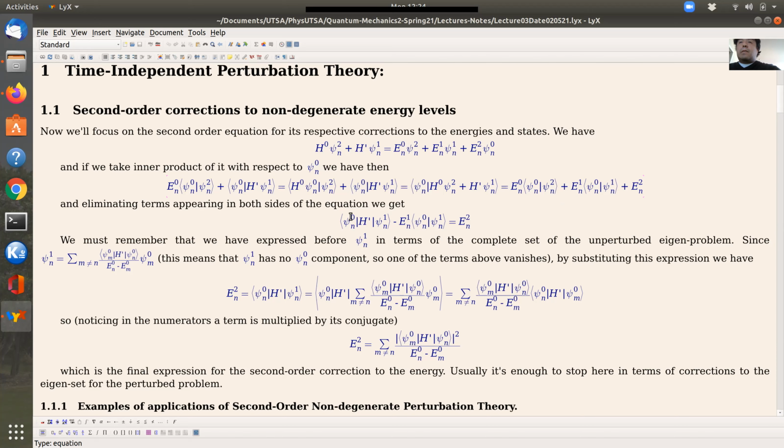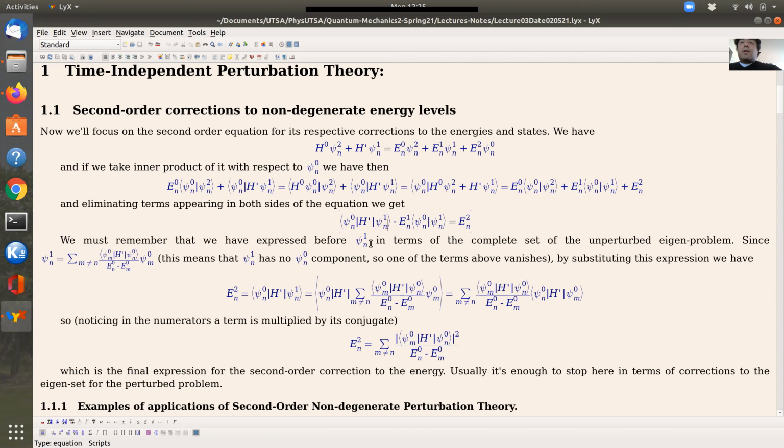I will pass it to the other side, and if I eliminate and pass, I have this. So the second order correction to the energies is basically this matrix element, or actually not exactly a matrix element, because I need to substitute psi 1n for the expression that I have. And then I have minus E1n times the inner product of psi 0n with psi 1n.